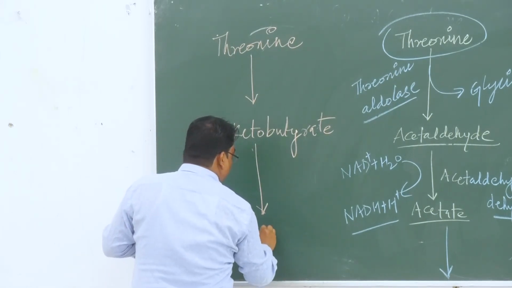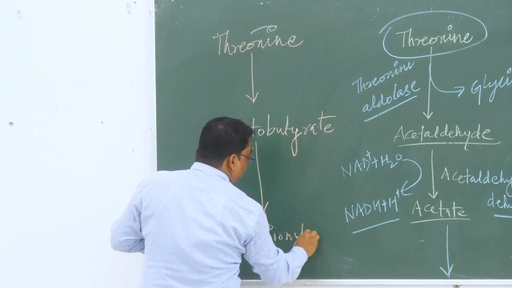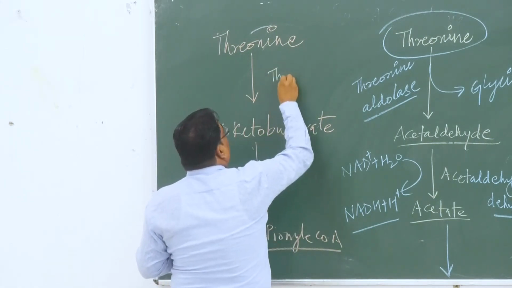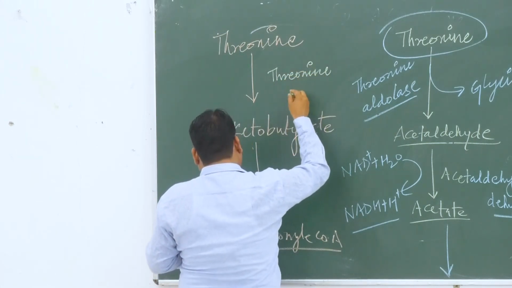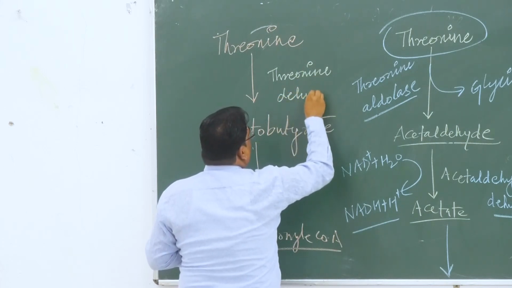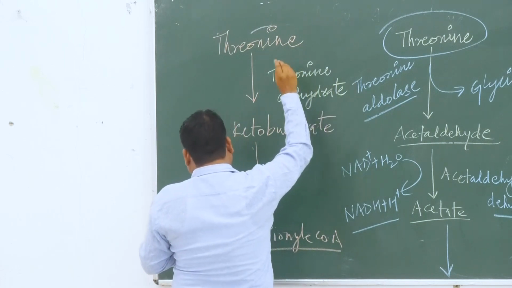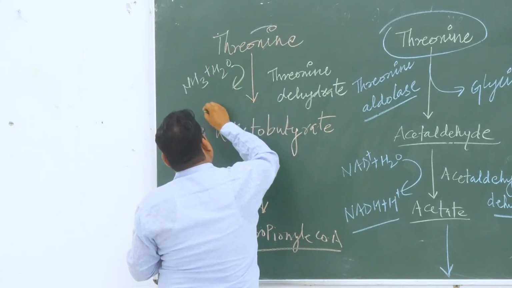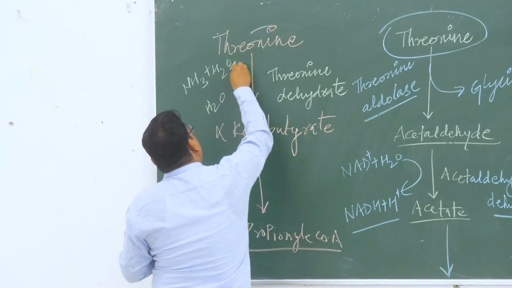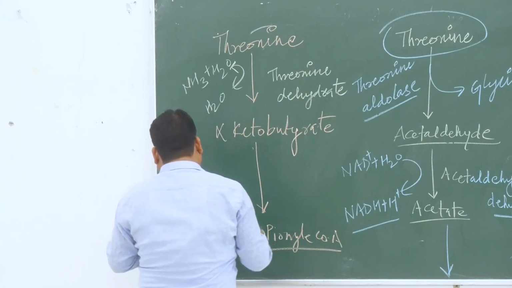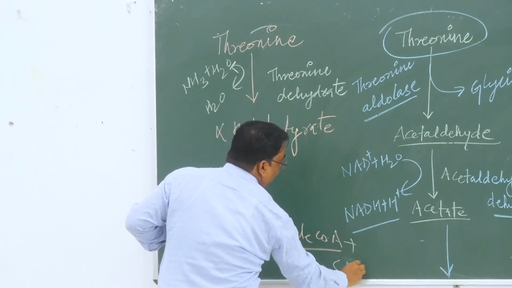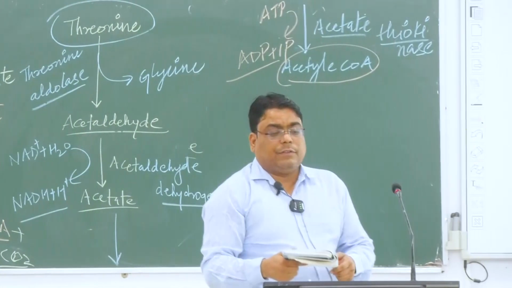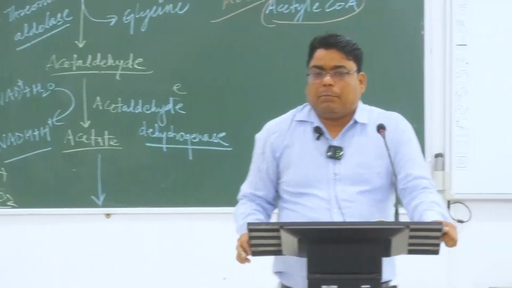Okay. Now we see another metabolic pathway of threonine which produces an intermediate substrate for the TCA cycle. And lastly, propionyl CoA, by threonine dehydratase, through deamination reactions. Okay, so this is the reaction which produces an intermediate substance for the TCA cycle, propionyl CoA.